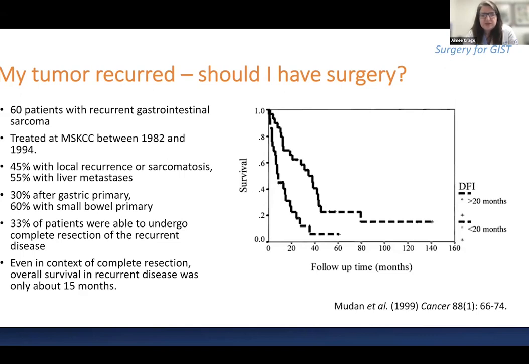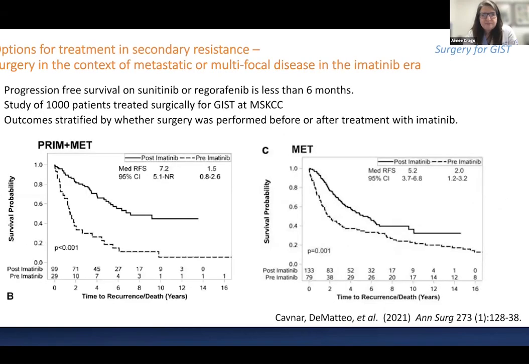And the second and third line drugs that Dr. Kelly described. So who do we do surgery for with imatinib? Well, those outcomes have gotten much better since we're doing surgery on patients who also have TKIs as far as treatment. And you can see here, this is a description of patients who were treated with surgery for primary disease and metastatic disease before imatinib, and you can see how much worse they do than patients who undergo surgery now as an adjunct and in combination with treatment with imatinib.